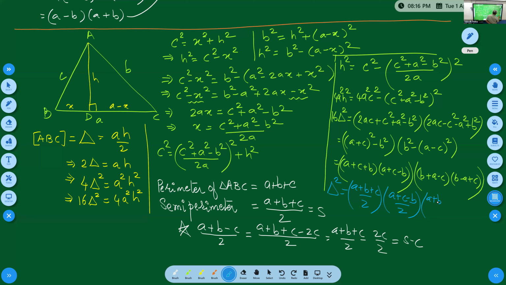A plus b minus c by 2, third bracket. And b plus c minus a by 2, fourth bracket. Which we can say s into s minus a into s minus b into s minus c is your delta square. This is Heron's formula.